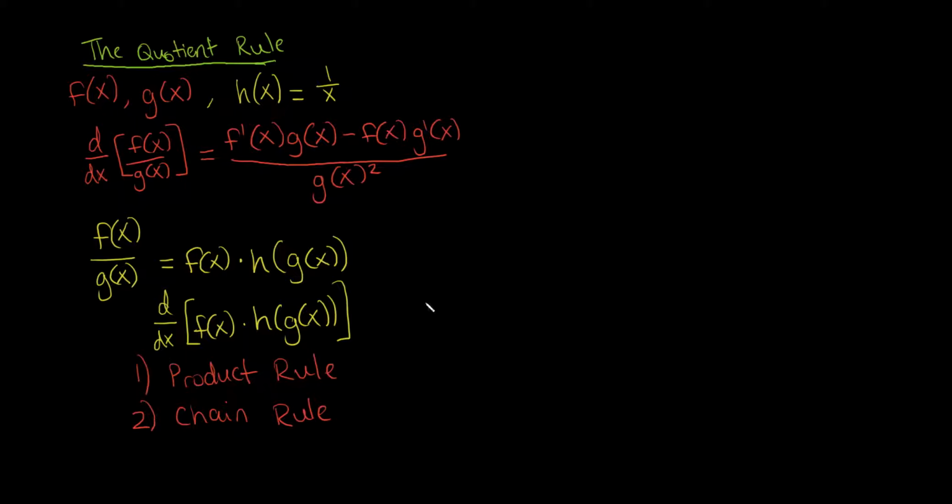So let's get going. The first step will be to take the derivative here of f of x, because we're going to be using the product rule. So this is going to equal f prime of x times h of g of x.